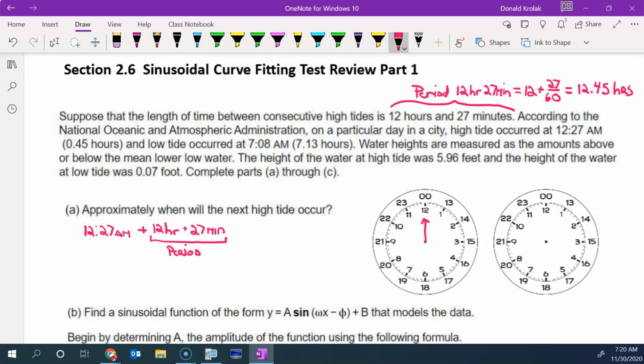So if we had 12:27, then this is 12:27 a.m. and we add 12 hours and 27 minutes to it. Well, if you add 12 hours, you're going to be at 12:27. And now I'm going to add 27 more minutes. So this would end up at 12:54.